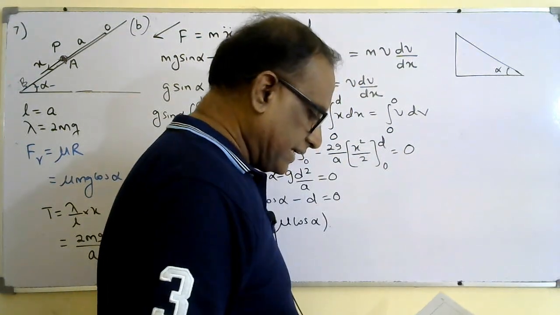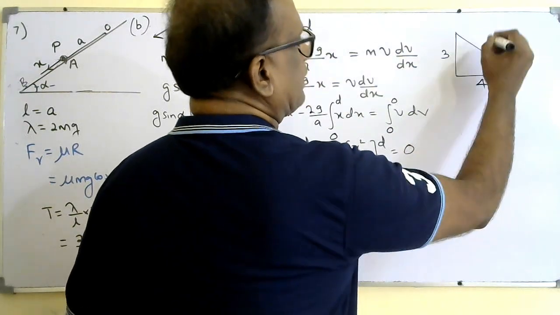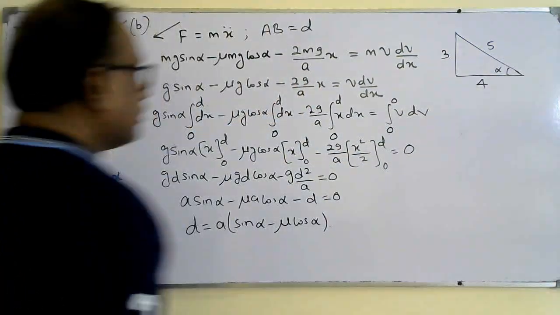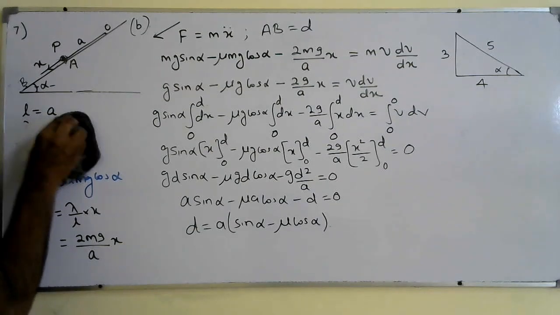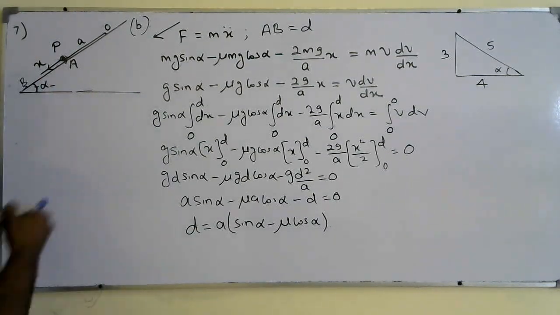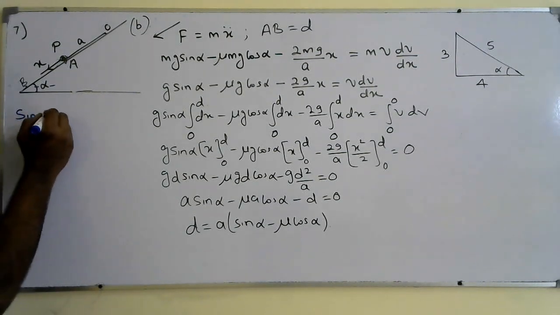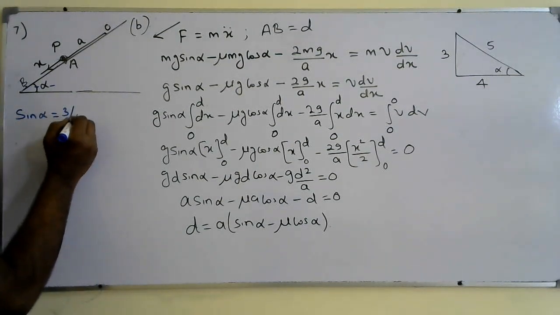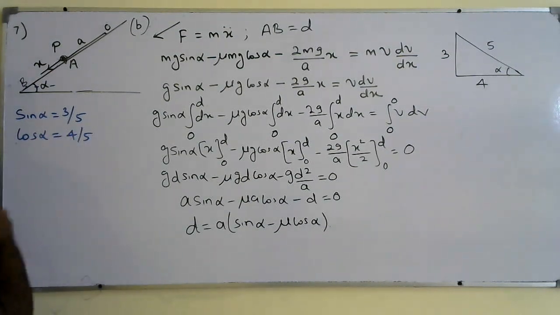Tan alpha is given as 3 by 4, opposite to adjacent, so by Pythagoras' theorem the hypotenuse is 5. So cos alpha will be 4 over 5, sin alpha will be 3 over 5. So I'll write those things also here, easy to handle. The given quantity is tan alpha, but we don't need tan alpha here. So sin alpha equals 3 over 5, cos alpha equals 4 over 5. We'll use that later.